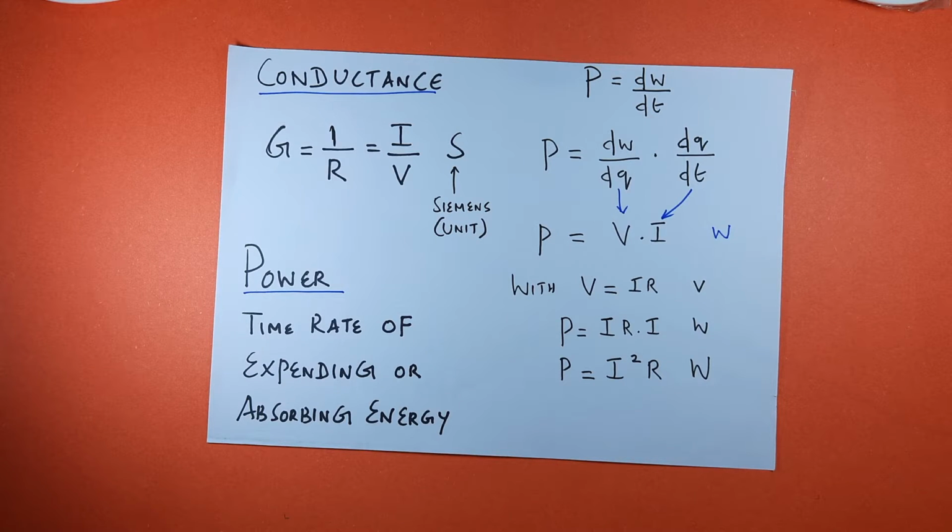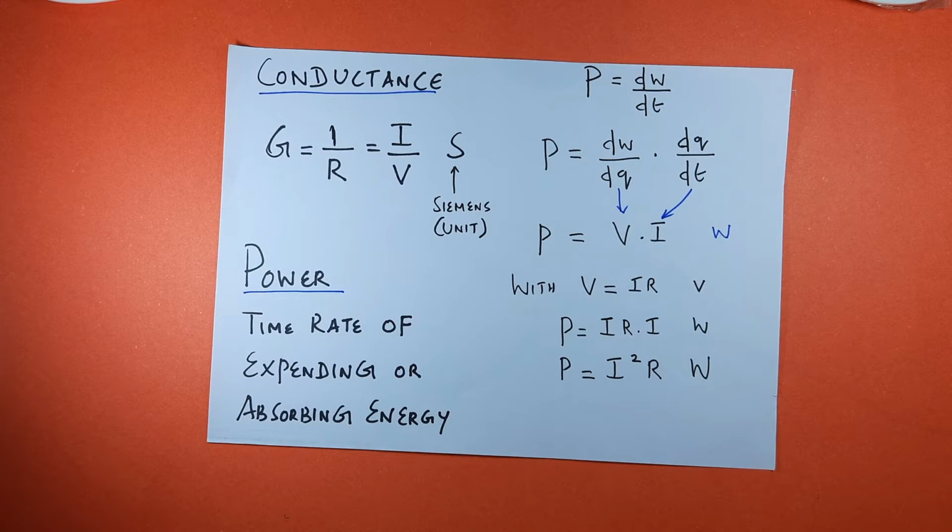Next we shall see power. What is power in an electrical circuit? Power is nothing but the time rate of expending or absorbing energy in an electric circuit. So I repeat, power is the time rate of expending or absorbing energy.